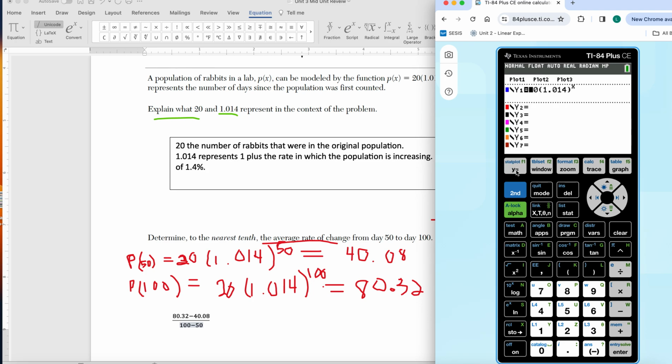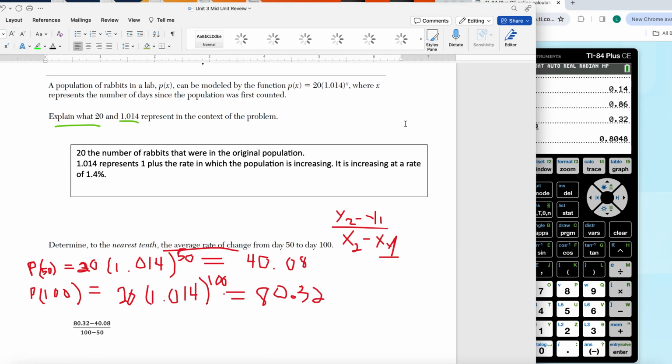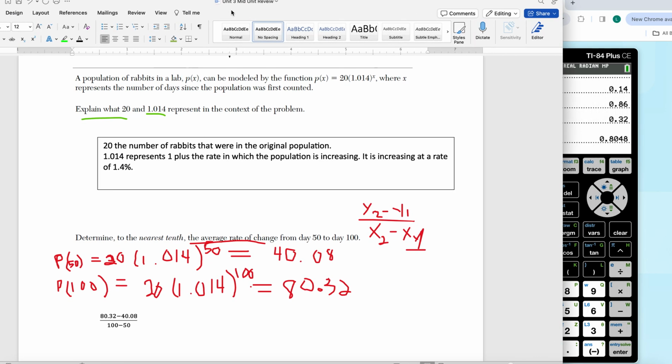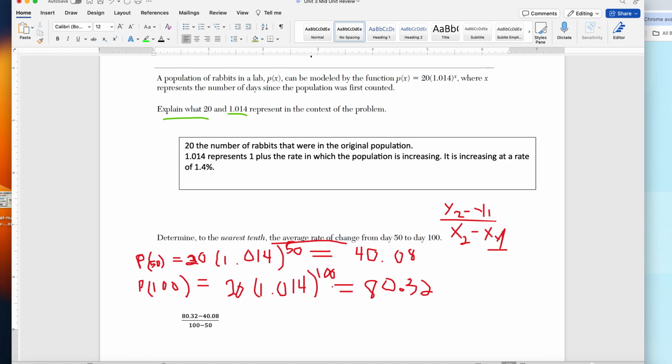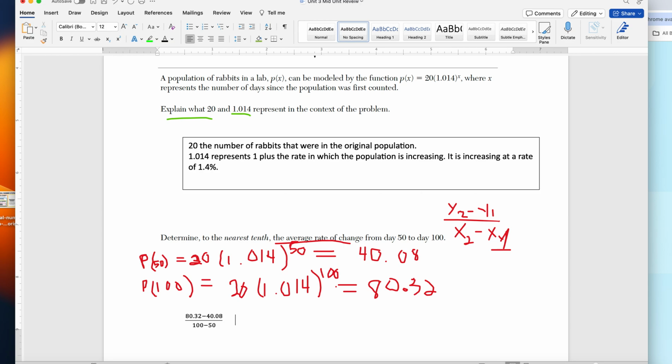Okay, and it gives me 0.8048. Okay, so the answer it gives me is 0.8048, right?